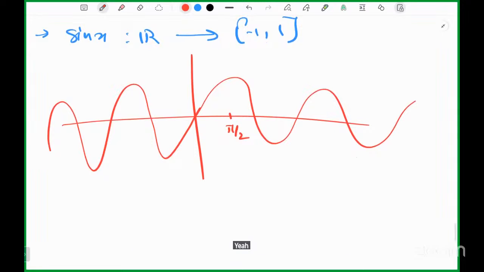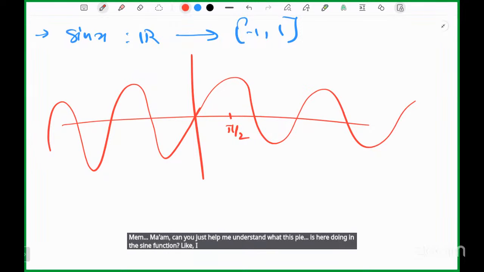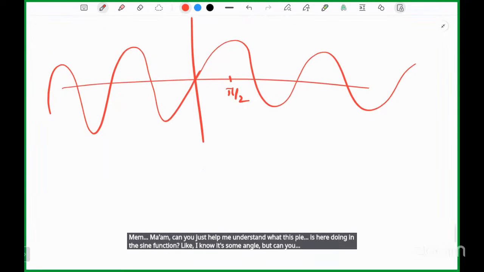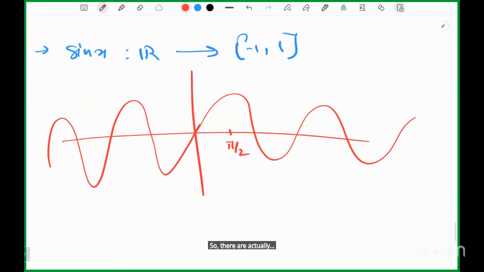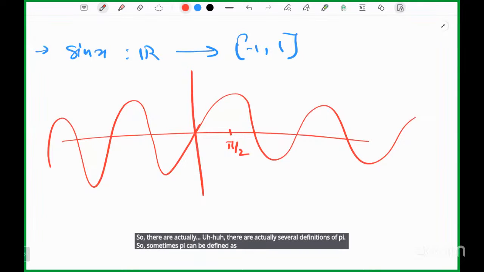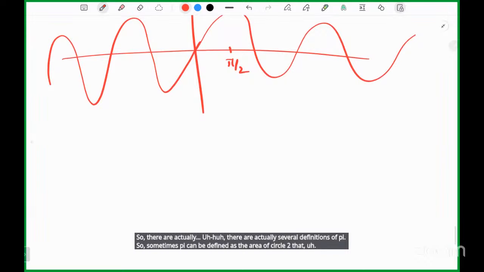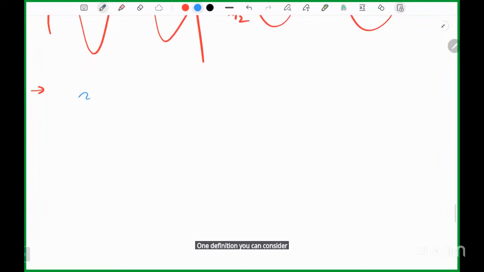Ma'am, can you help me understand what this pi is doing in the sine function? I know it's some angle. So pi is 180 degrees. Actually, there are several definitions of pi. One definition you can consider is that pi is equal to 180 degrees.